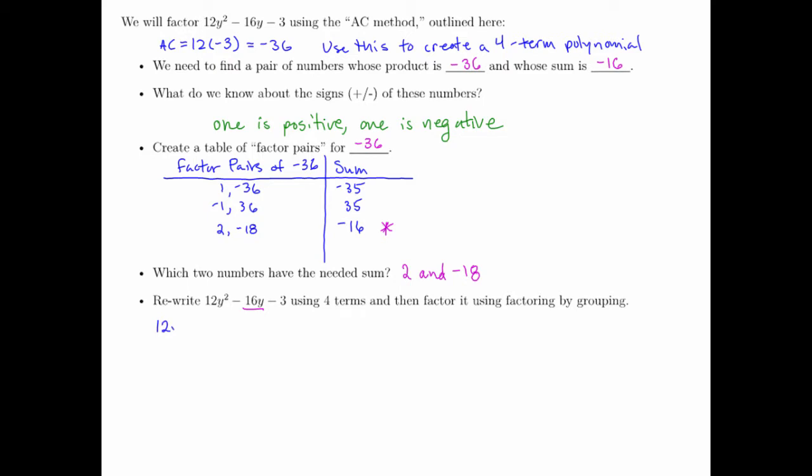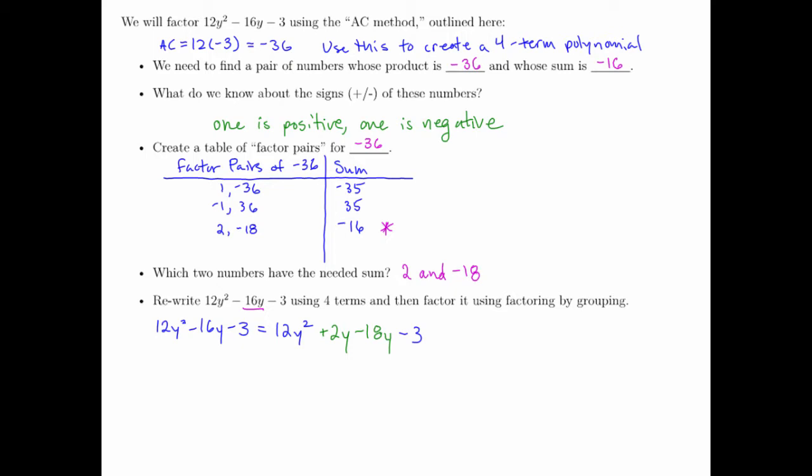So we'll write it as 12y squared plus 2y minus 18y minus 3. We've used that 2 and negative 18 to rewrite minus 16y as positive 2y minus 18y.